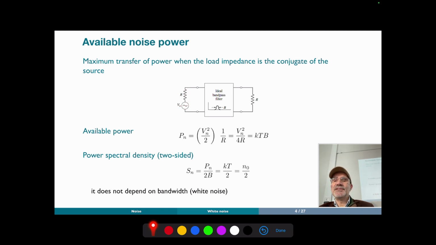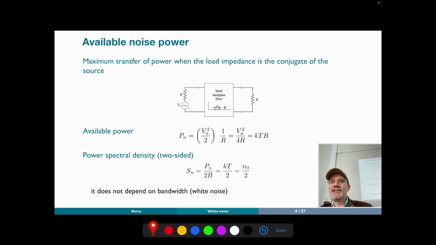This is modeled in this picture as an ideal resistor with no noise, and the noise is represented as a separate voltage source. Okay. If we want to measure the available noise power over a certain frequency, this has to be measured over a certain frequency band, which is represented here by this ideal bandpass filter. And for maximum transfer of power, this resistance has to be the conjugate match of the source, so it has to be the same in this case, assuming this is a real resistance.